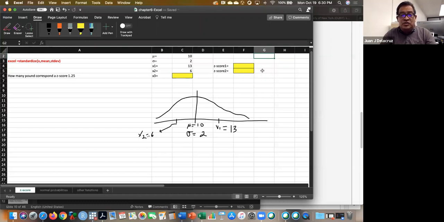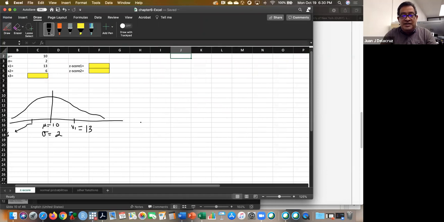What we are going to find is basically the standard normal distribution where my mean mu is 0 and sigma is equal to 1.